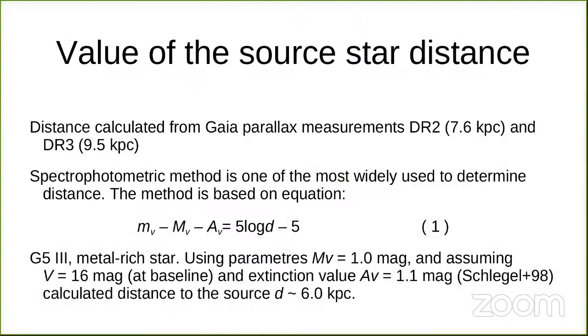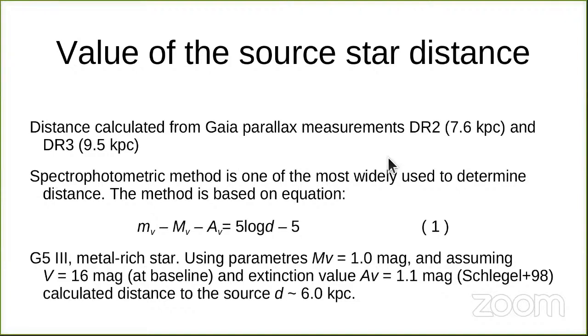So if you take data from Gaia Data Release 2, and we take only parallax measurements, our source star is located at approximately 7.6 kiloparsecs.